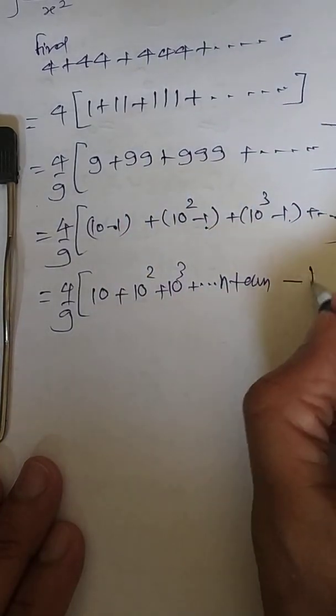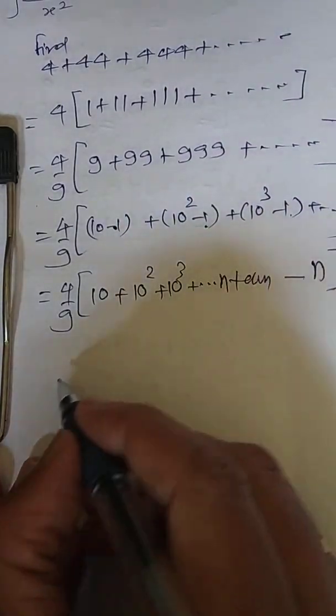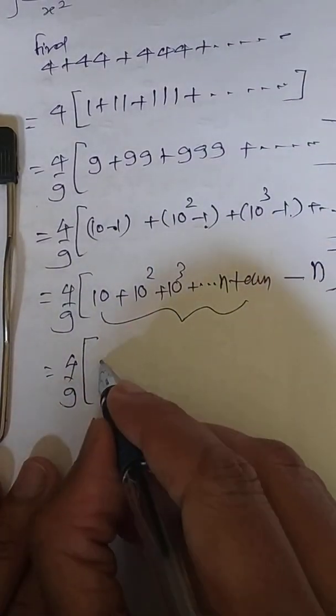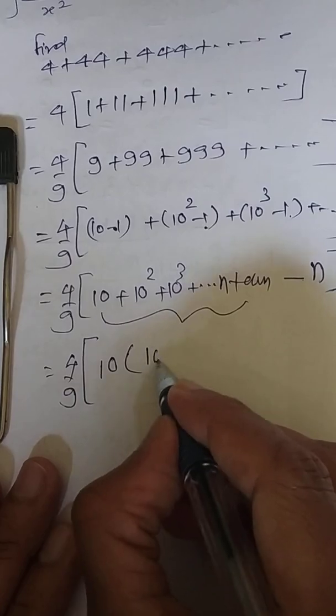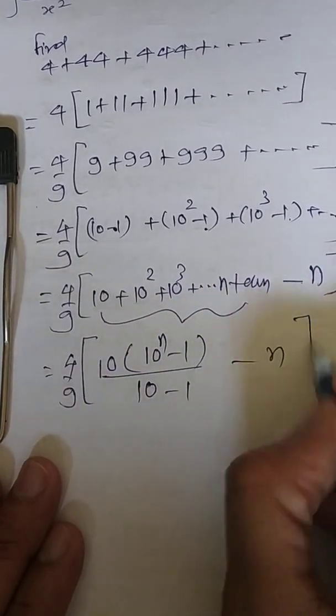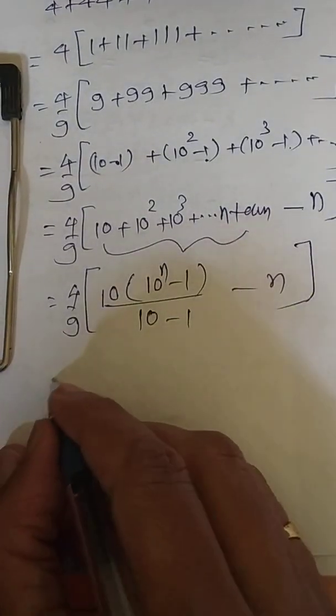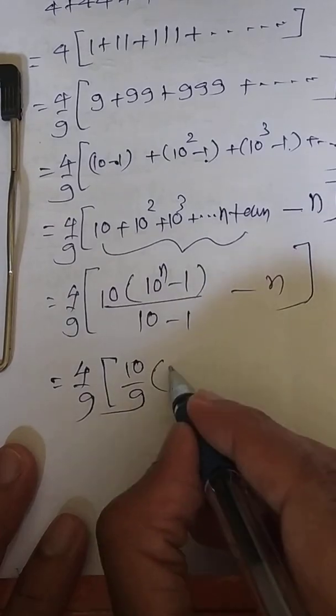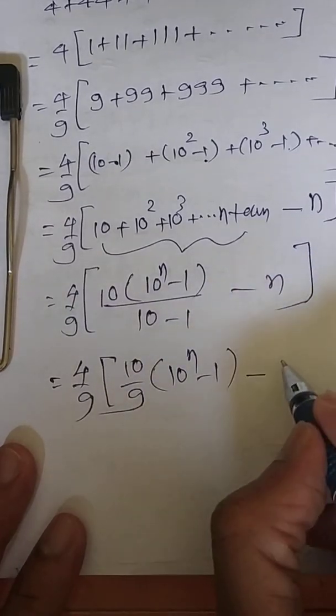How many times? n times. So it is nothing but n. Now this is nothing but a geometric progression. R will be 10, so it will be 10 raised to power n minus 1 upon 10 minus 1, minus n. So further one more step you can write, 4 by 9 here, it will be 10 by 9, 10 raised to power n minus 1, and minus n.